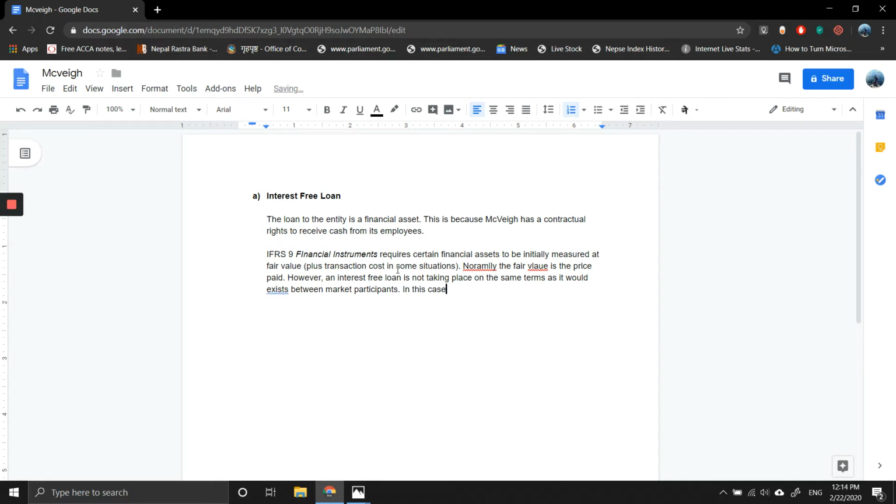In this case, the fair value must be estimated as the present value of future receipts using the market rate.